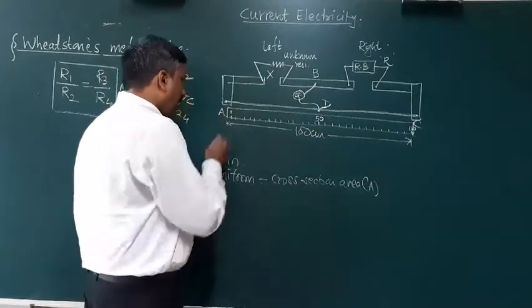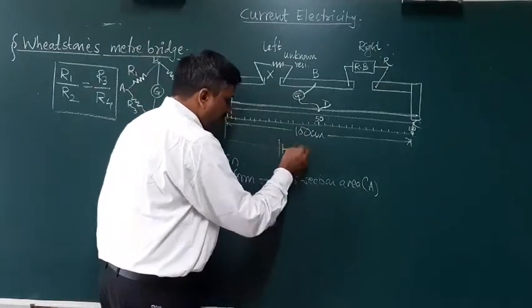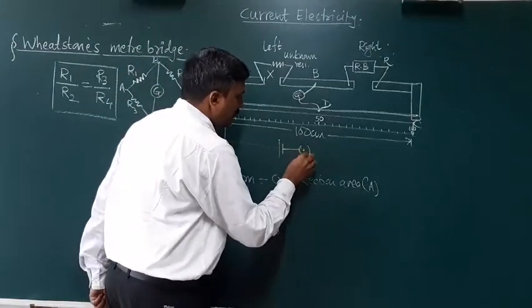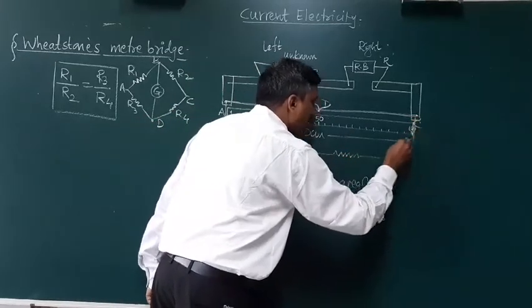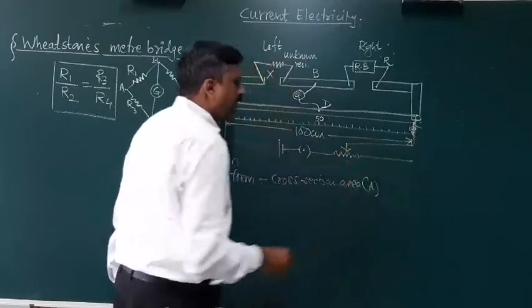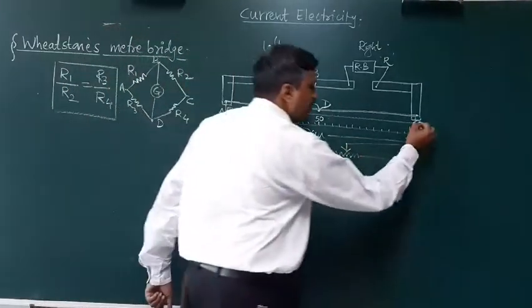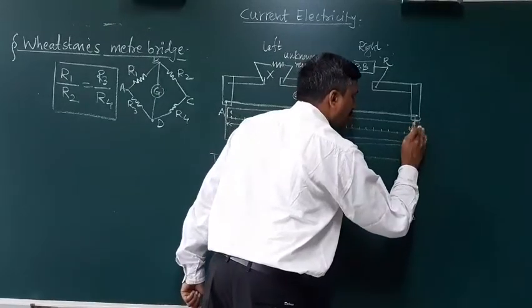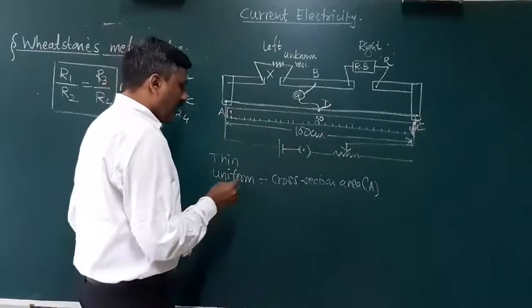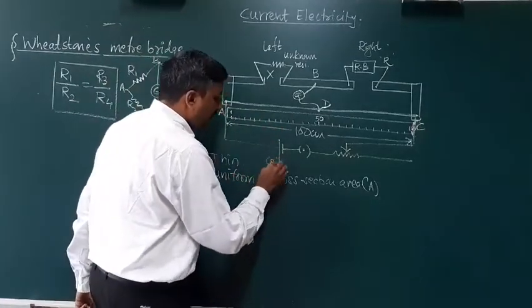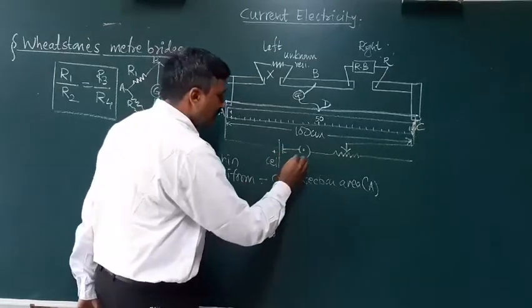A cell, key, and variable resistance called a rheostat are connected in series across the points A and C. These are my 2 points A and C. This is my cell, the positive terminal and the negative terminal of the cell.